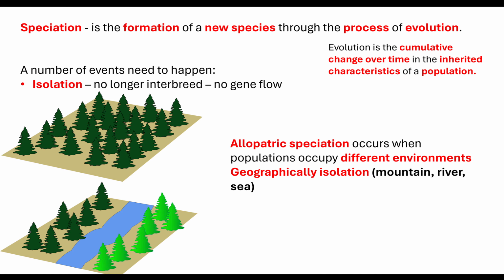It could even be the fact that we have built a road in between what used to be a natural habitat. So allopatric speciation is where these populations now occupy different environments. We have geographically isolated them.